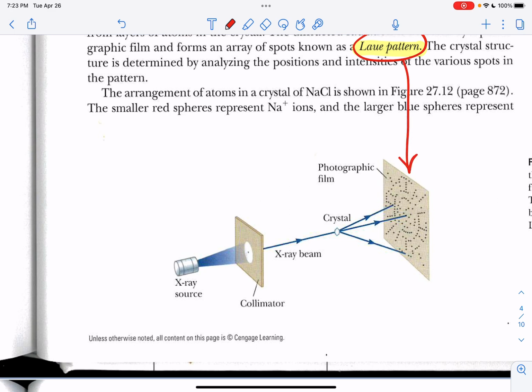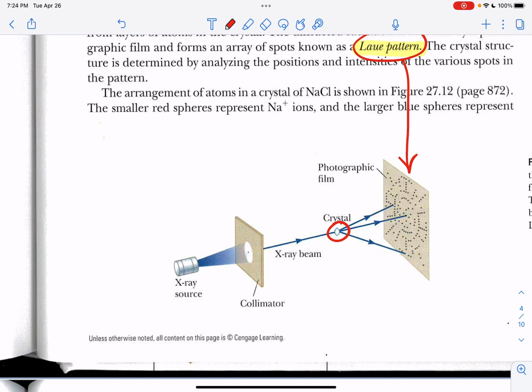You have all of these dots representing exposures on this photographic film. And you'll notice that it forms a pattern. They're not just random dots scattered all over the place, but there is an arrangement to those dots because the crystal has a regular pattern or geometrical arrangement of the atoms or the ions that make up that crystalline structure.